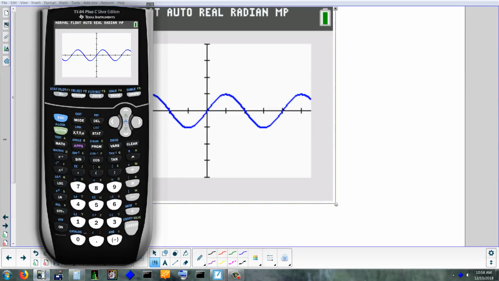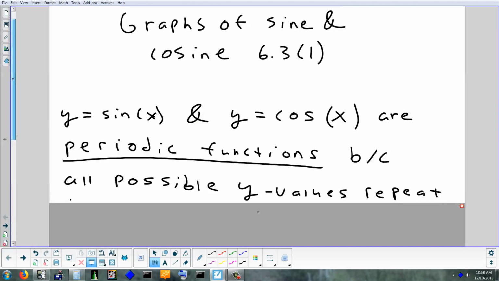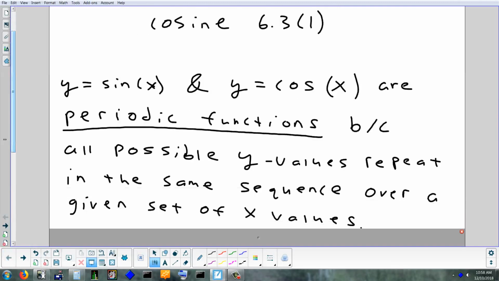So if we go back, the next thing I'm going to say is that the y values repeat. The y values are going to repeat themselves over and over for a certain set of x values.